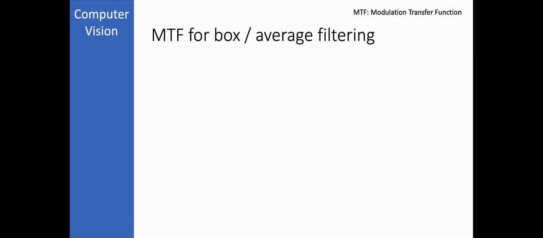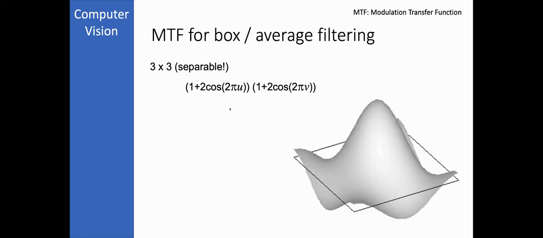Now, what was the modulation transfer function for the box filtering, average filtering? If we remind ourselves, for a 3x3 separable filter, I basically talk about the multiplication of two sinc functions, which looks something like this. It is low-pass filtering for sure, but I also see that it has some ripples in the frequency domain, so it will create some kind of phase reversals like we've seen before.